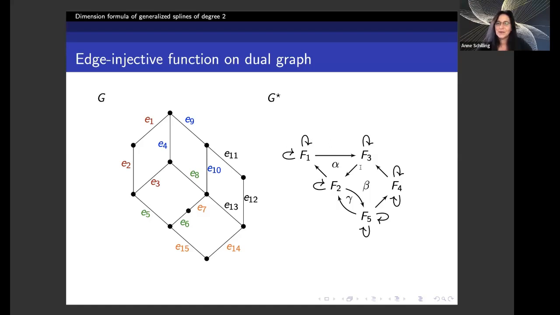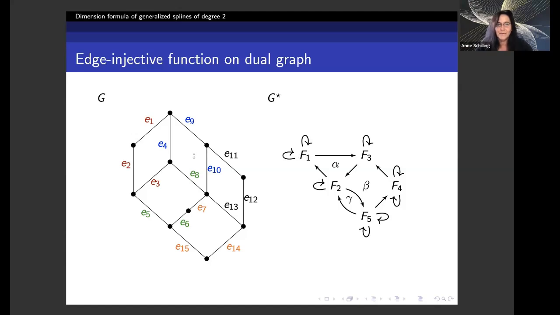Okay, so this is now my dual graph to this graph. And I've also put directions on the edges, and the directions really correspond to having picked an edge injective function. So let me just walk you through this.